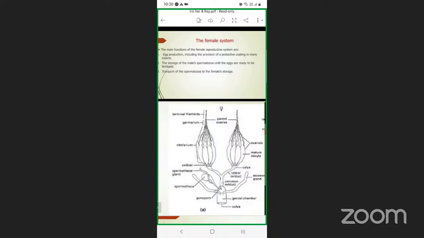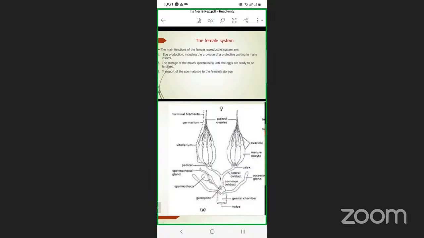And to that common oviduct, we see a gonopore, genital chamber and the vulva. And a spermathecal gland is joined here, and even the accessory glands are joined to this.